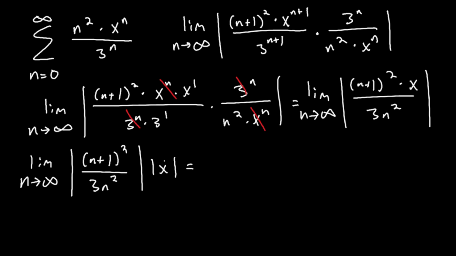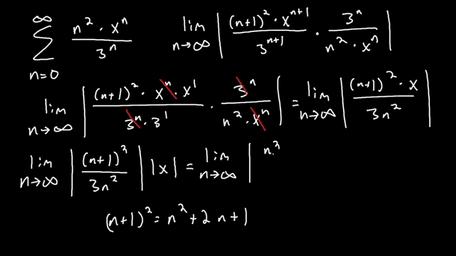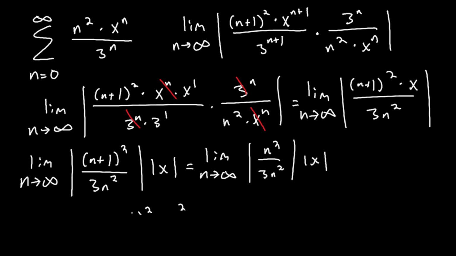So if you expand (n plus 1) squared, you should get n squared plus 2n plus 1, and the largest exponent value is n squared. So we only care about the n squared in this numerator. We should rewrite the limit as the absolute value of n squared over 3n squared times the absolute value of x. Once you have this, you realize that the n squareds cancel, and you're left with 1 over 3 times the absolute value of x.